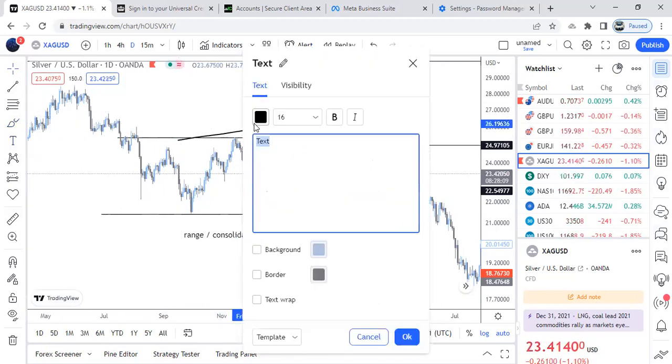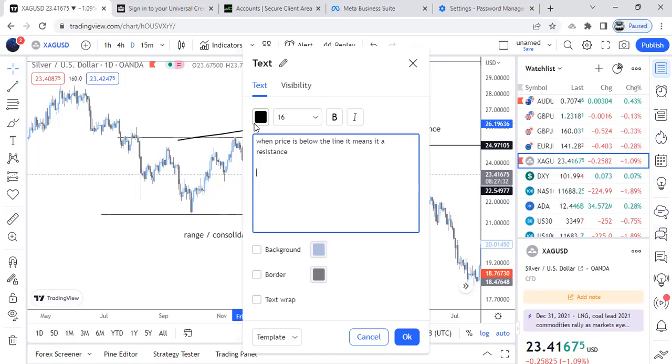The line above. So when price is below the line, it means it's a resistance line. I will call it resistance.